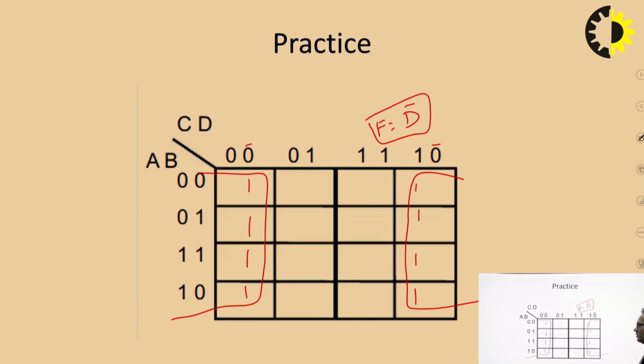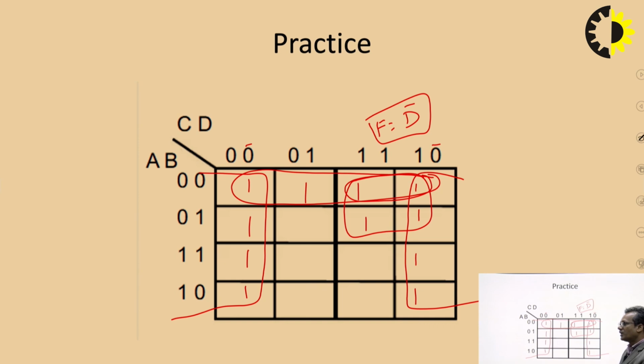Right. For example, if you have 1 here also, we will combine these 2 bits. Again 1 here also, we will combine all these 4 bits. Right. If you have 1 here also, we will again combine these 4 bits also. I hope you understand.